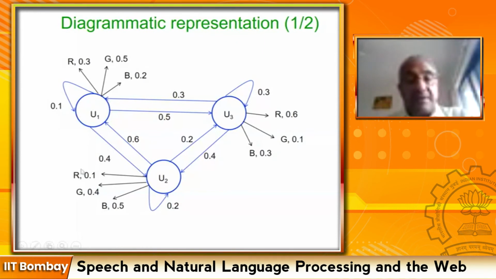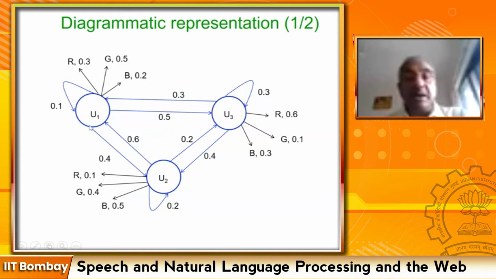Then you have R, G and B as the emission. Then 0.3 into 0.4 will be 0.12. 0.4 into 0.5 will be 0.2. 0.4 into 0.2 will be 0.08.